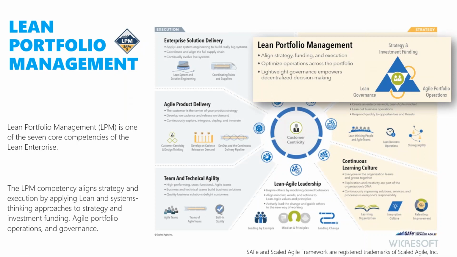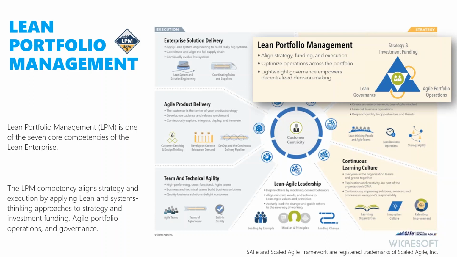Lean portfolio management is one of the 7 competencies in SAFe, the Scaled Agile Framework, and it's an interesting mix of methods, frameworks, tools, and things that have been built up over the years, including from lean as it was originally defined, I think, by the Toyota production system back in the day. So it's covering a number of frameworks that have been tried and tested.